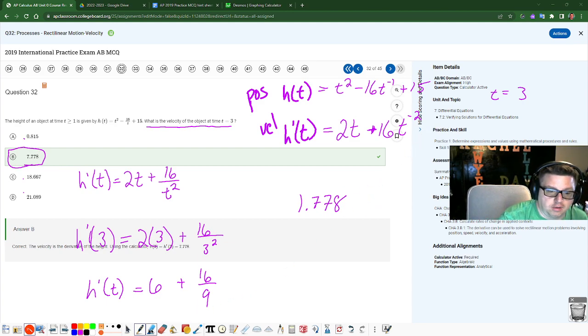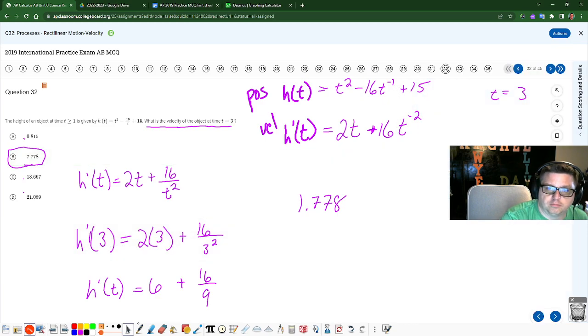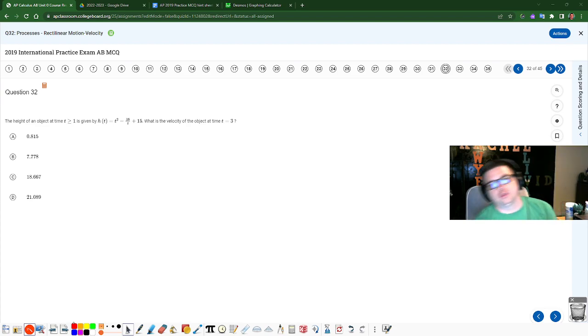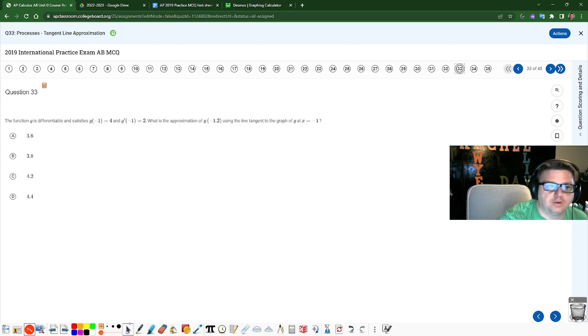Calculator or no calculator. A lot of these, whether they are calculator or non-calculator questions, usually can be done without a calculator altogether. Oh, look at that. So it does kind of tell you if it's a calculator or not. Okay. Let's go on to 33.